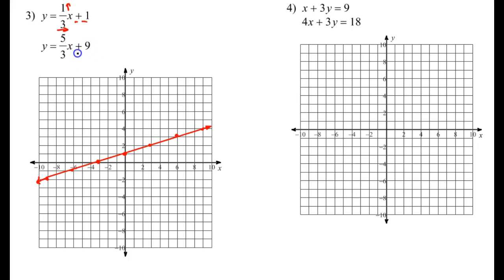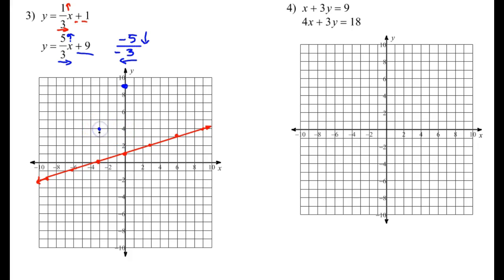And then we can go start at 9, bottom of 9. And once again, we cannot go up 5, right 3. That goes off the graph. So we have to use its equivalent and go down 5 and left 3. Down 5, left 3.